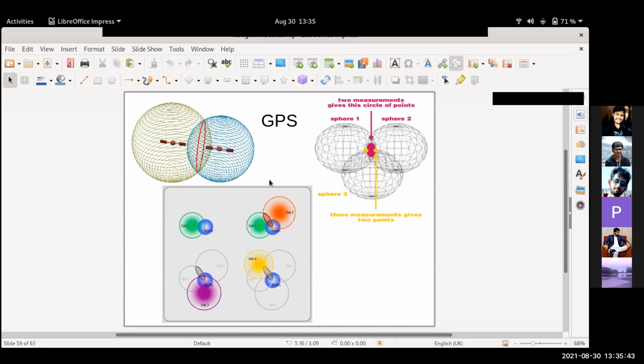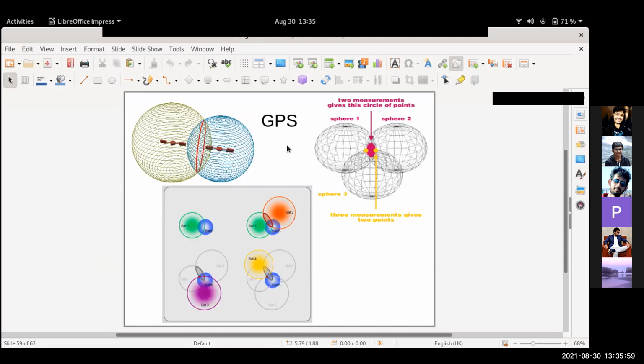You have to imagine that there are multiple satellites in the sky. The positions of the satellites are known. All of your mobile phones have this GPS.